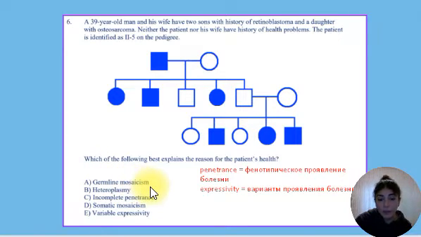Germline mosaicism. Germline mosaicism means that the father had a mutation in his sperm cells, and therefore one cell's mosaicism means some cells are normal and others are not normal.